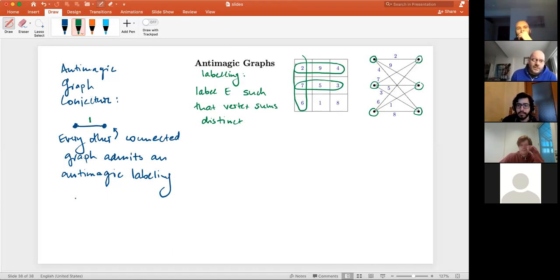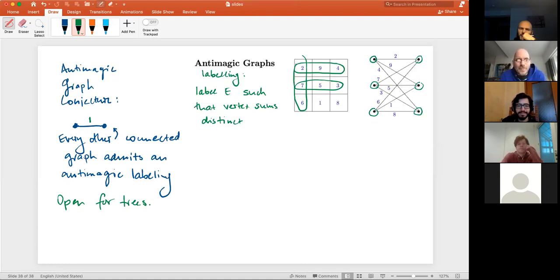So the situation is pretty bad. This is open for trees. There are not that many conjectures in graph theory that are open for trees. So anyway, this is a cool conjecture.